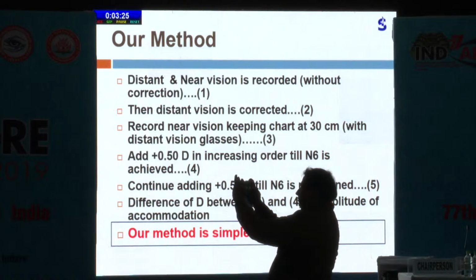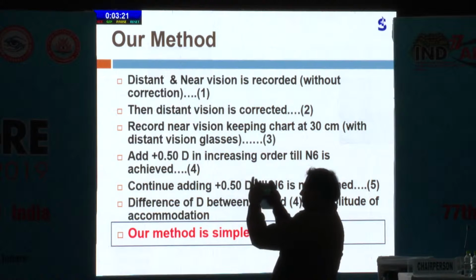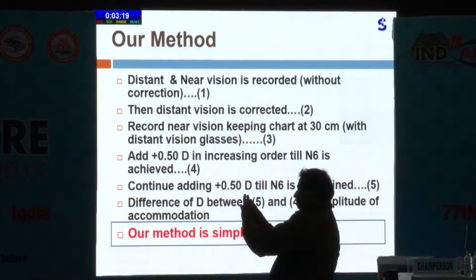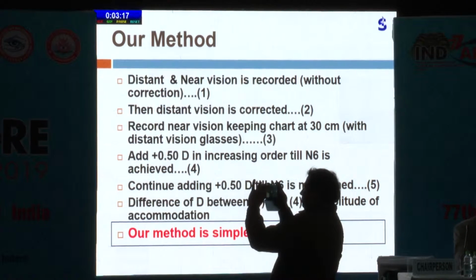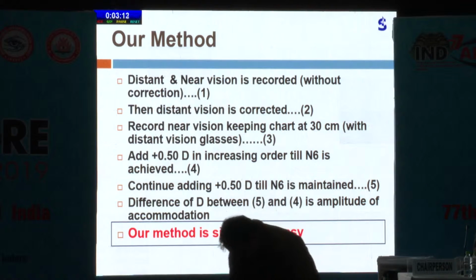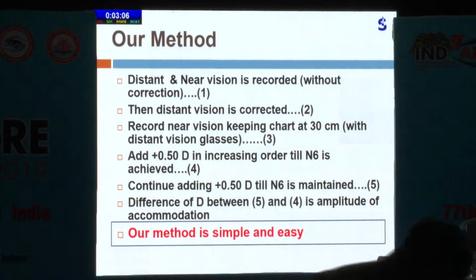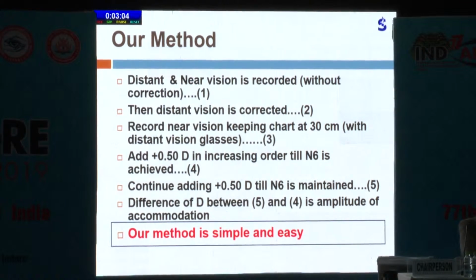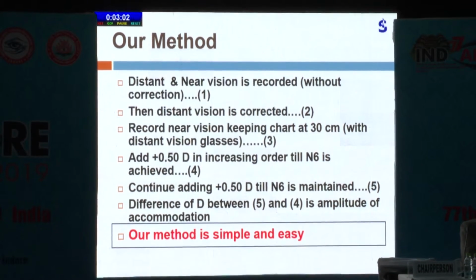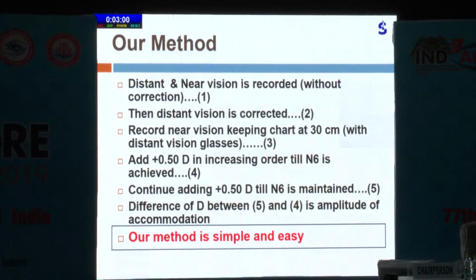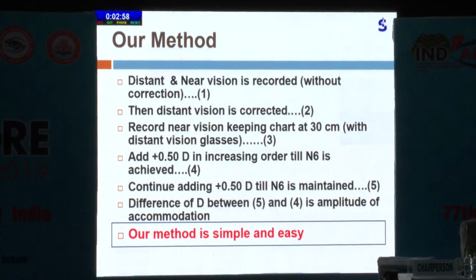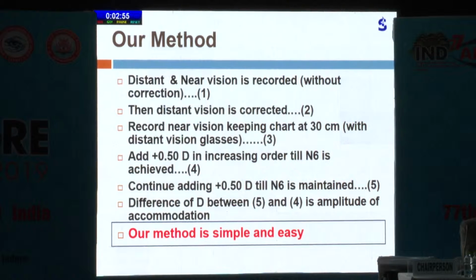What we did in this study: we knew that these patients can sometimes read up to N12 and N18 with distant corrected glasses. We corrected their distant vision. Then with the distant vision glasses in the trial frame, holding the chart at the same level, we went on adding 0.5 diopter plus for near vision till they achieved N6. That diopter required was noted down.